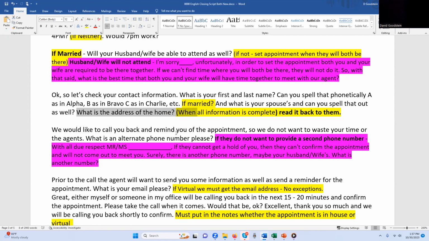So if you can't get all 3, you have a 75% chance that that appointment is not going to sit. Those are not good odds. So we want to get as much information as we possibly can. Again, we're getting paid to provide complete, accurate information.